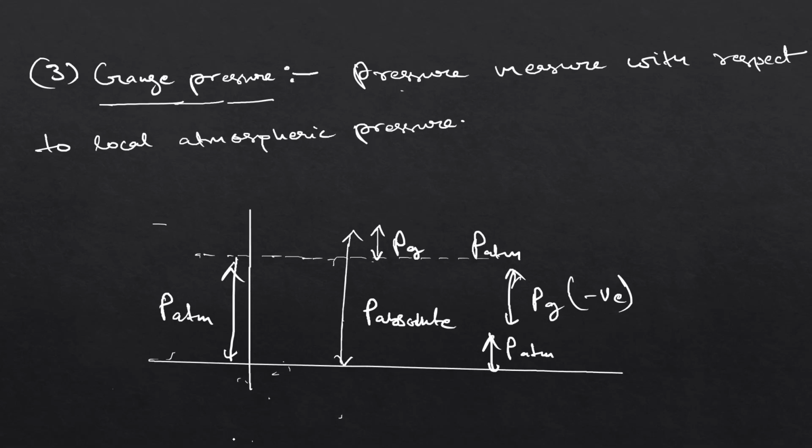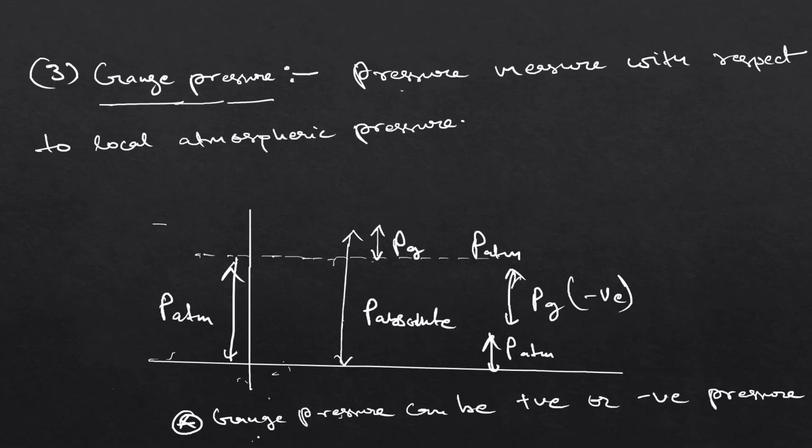And I will write one note here. Gauge pressure can be positive or negative pressure, but absolute pressure can never be negative.